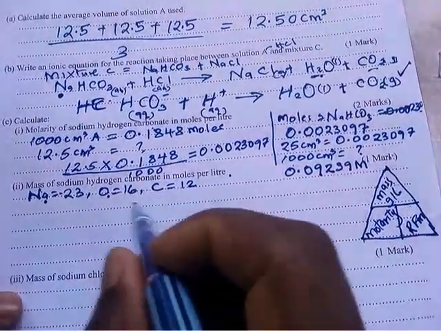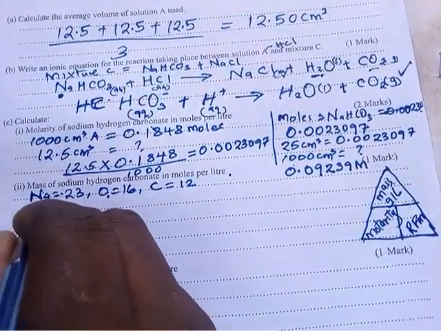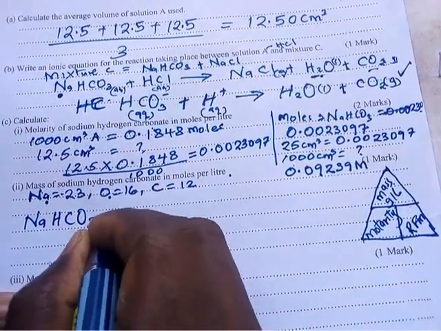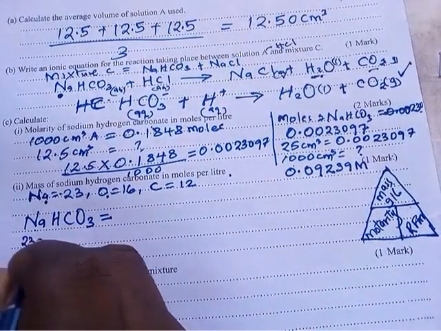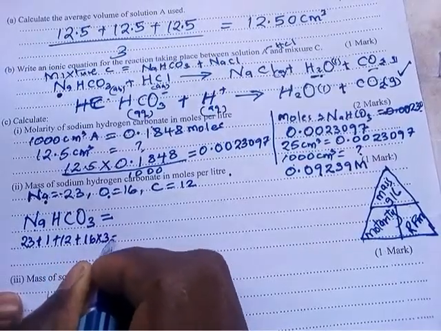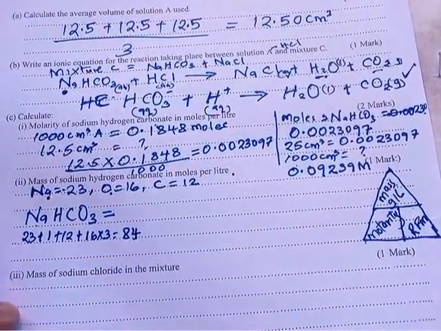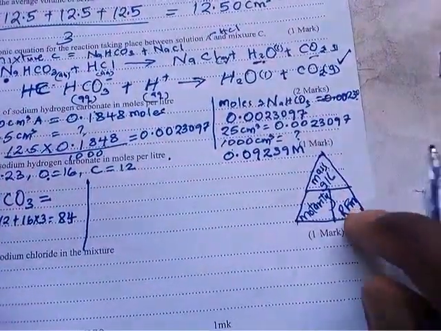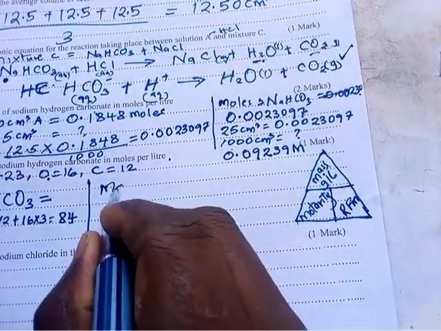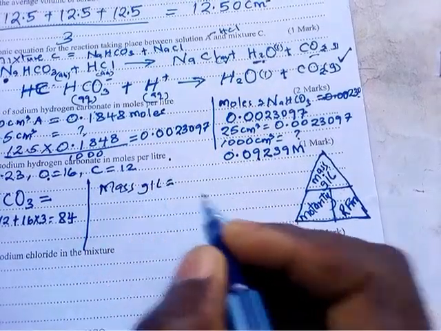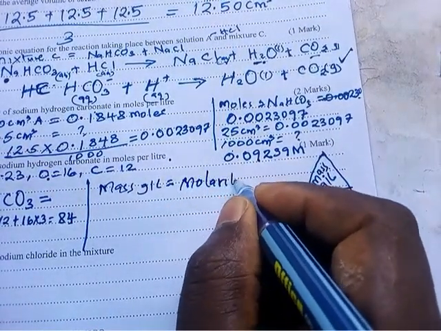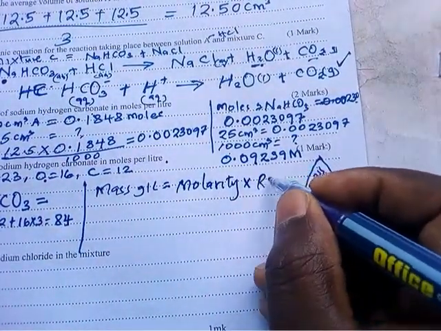So sodium hydrogen carbonate is written as NaHCO3. So this is 23 plus 1 plus 12 plus 16 times 3, and it will give us a total of 84. Fine. And that is the RFM. So from this triangle, we are looking for mass in grams per liter, which is equal to molarity times RFM.